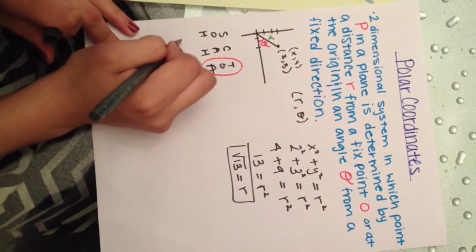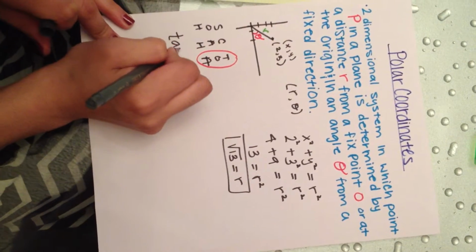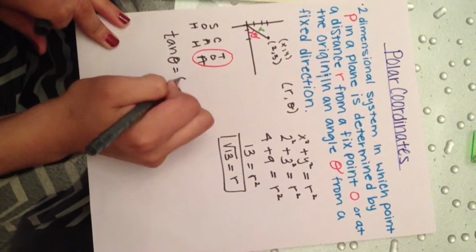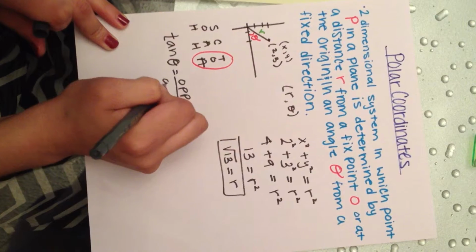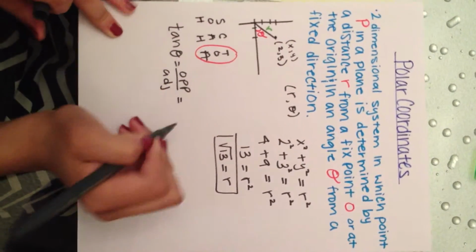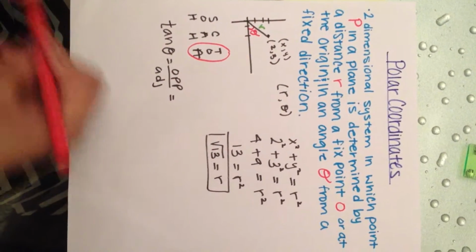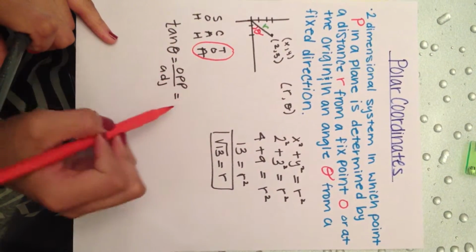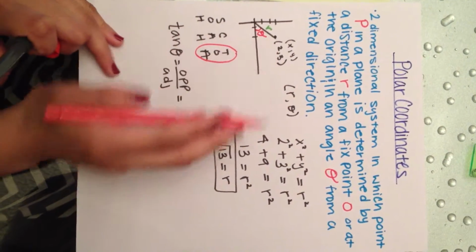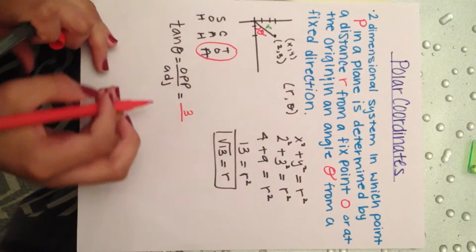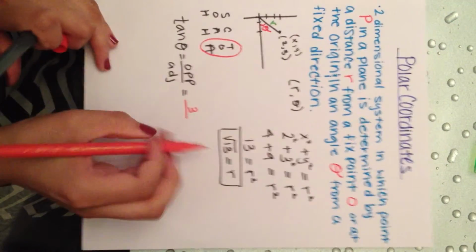So tan theta is opposite over adjacent, which equals our opposite, which is 3, and our adjacent, which is 2.